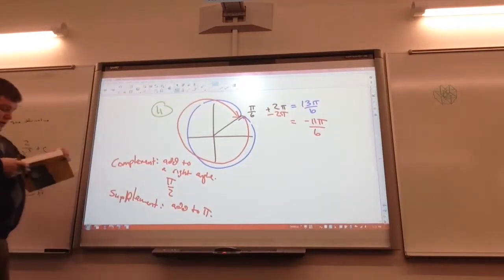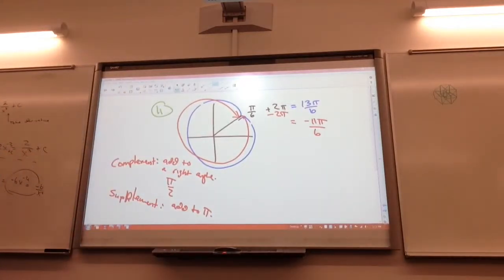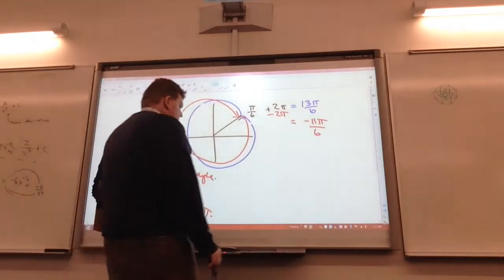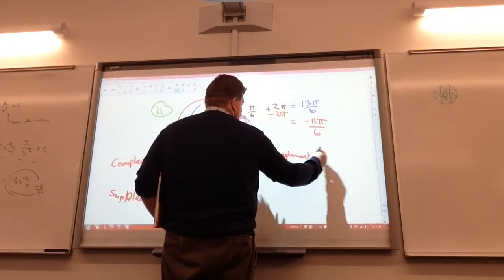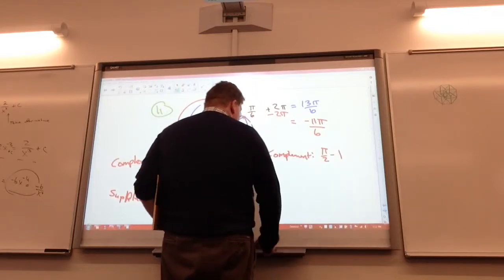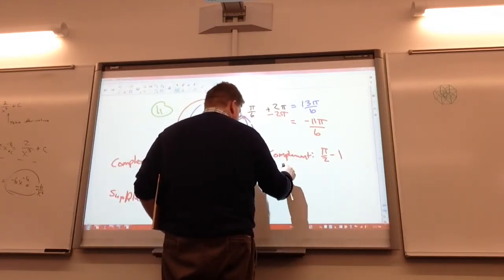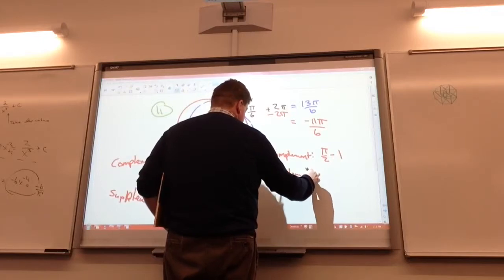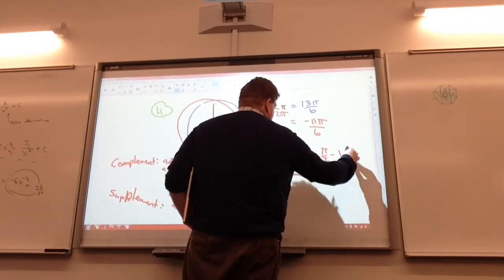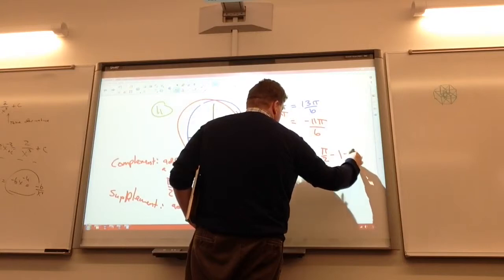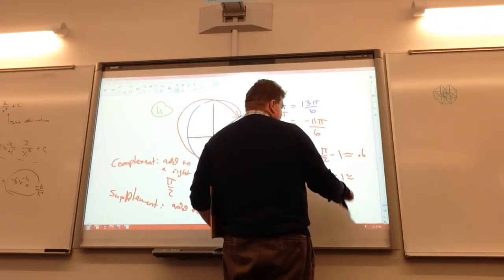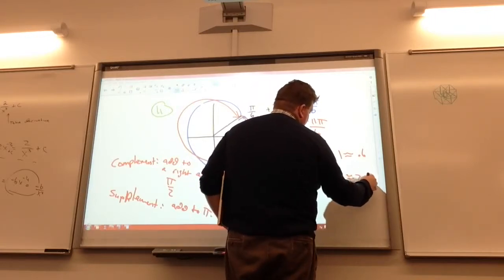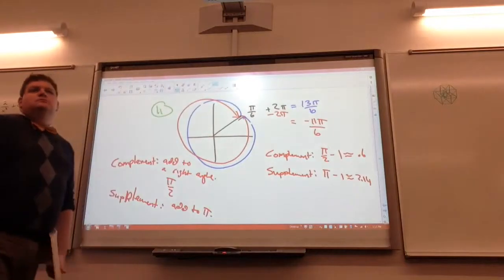So to find the complement and supplement of 1, for the complement, it's going to be pi over 2 minus 1. And for the supplement, it's going to be pi minus 1. And so this one's going to be roughly equal to about 0.6, and this one's going to be roughly equal to 2.14. Okay? And there you have it.